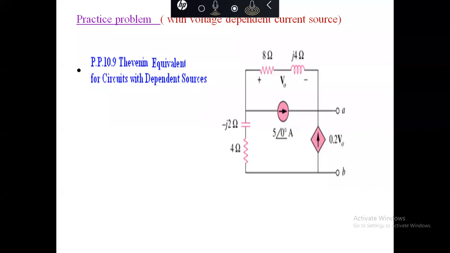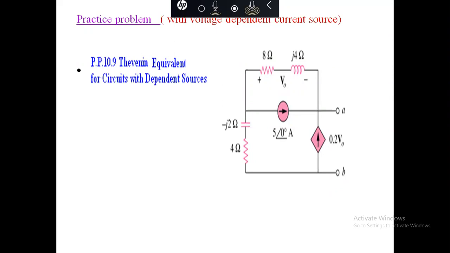In the last lecture, I gave you this assignment to solve this Thevenin equivalent network. In this, we have to find the Thevenin equivalent network across these A and B ports.